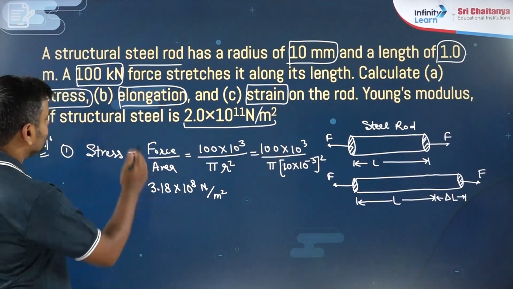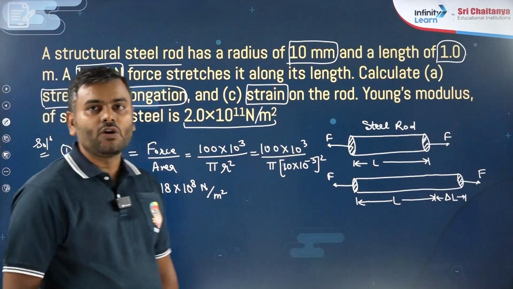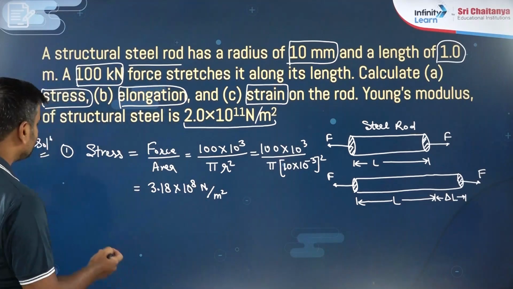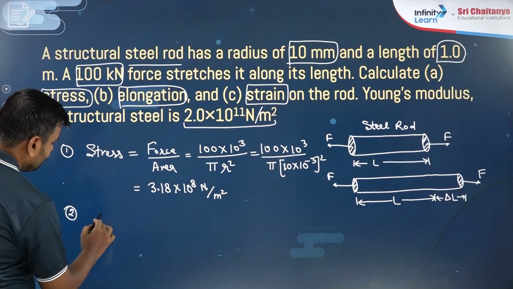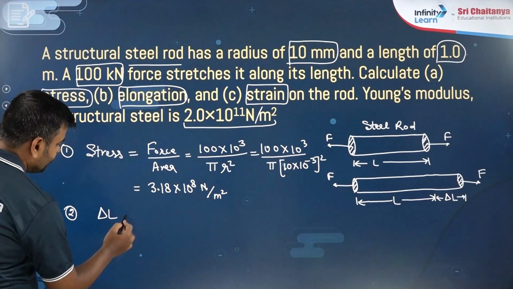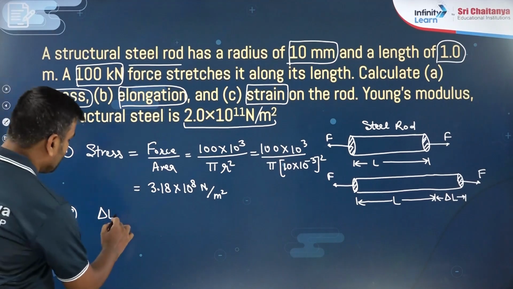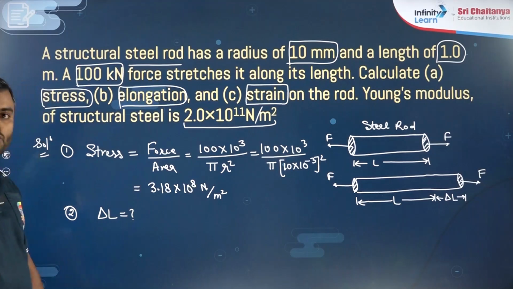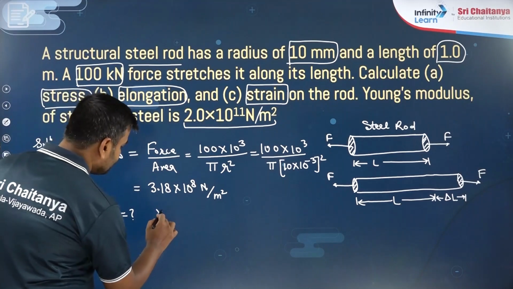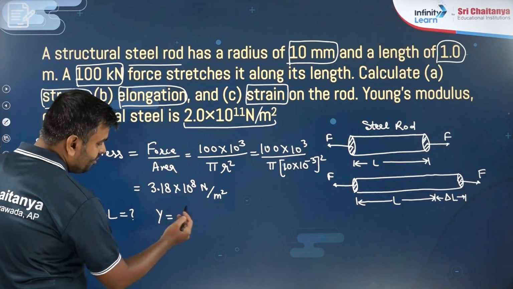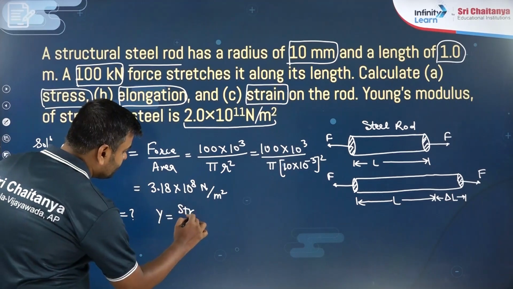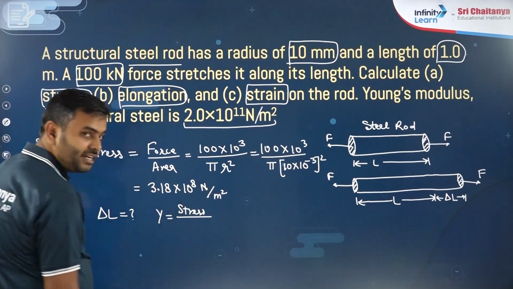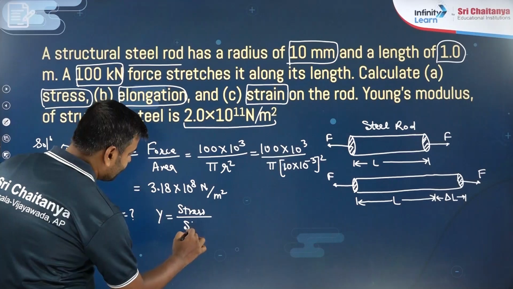Now the second thing they are asking us to calculate is the elongation, delta L. How can we calculate that? We know one relation: Young's modulus of elasticity is equal to stress divided by strain.